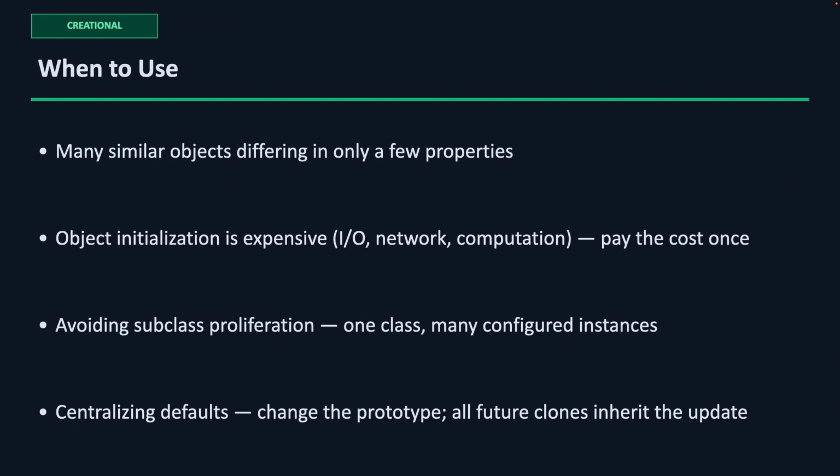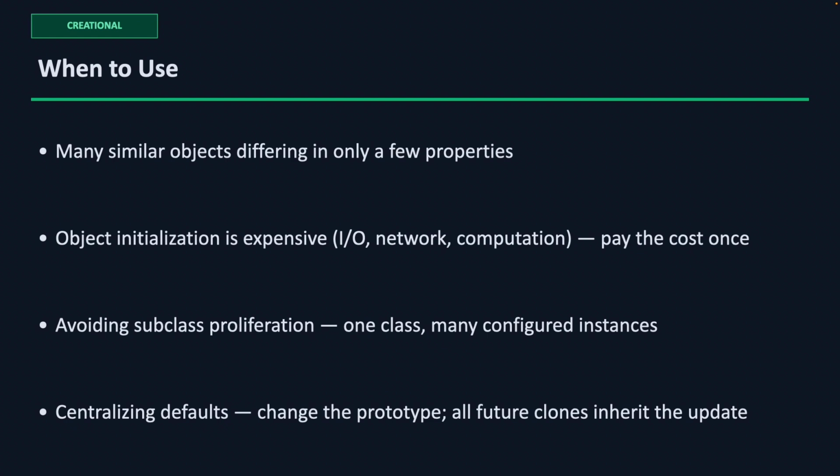The third is when we want to avoid subclassing. Without a prototype, like in the example we had before, we might have to create a home menu item, about menu item, service menu item. We'd have to create a specific menu item for every single one that we have. Instead, we could use one class and just override the specific fields that we want.